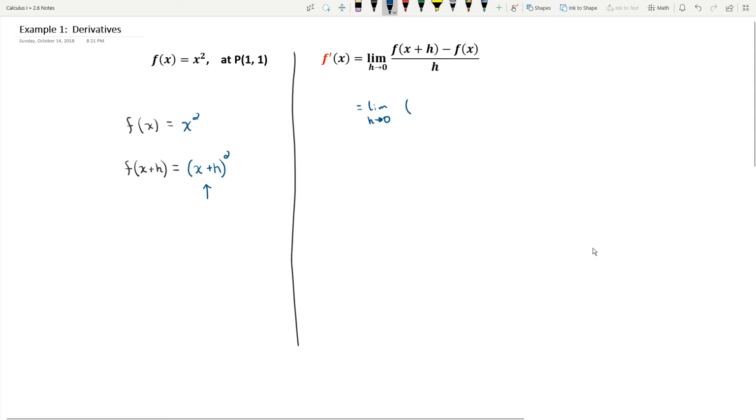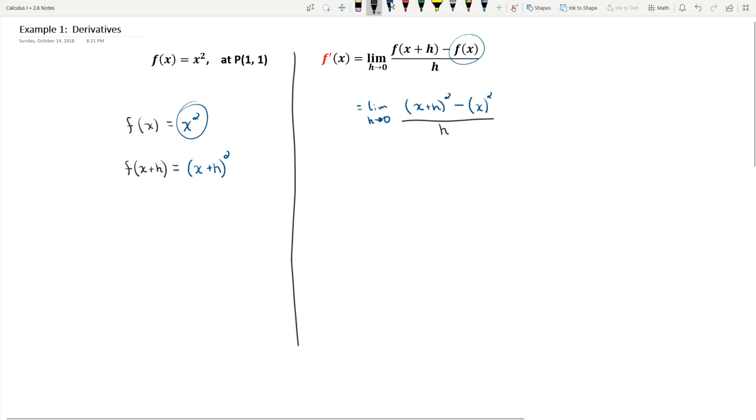So we're going to have x plus h squared. Next, we are going to subtract f of x. f of x is simply our x squared. That's the entire function, so we just put the entire function in here, x squared. All of that is going to be over h.